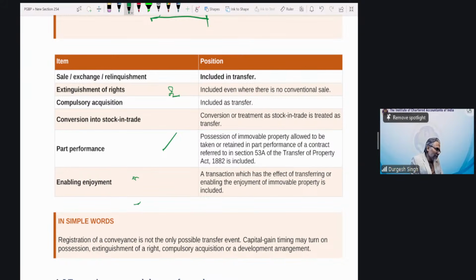So supposing, students, do you know what exactly happens under 53A in that situation? By giving possession. Suppose I am a seller and we have made an agreement. The agreement says that you give me, say, 80% of the consideration amount, just as an example, and I'll give you the possession.